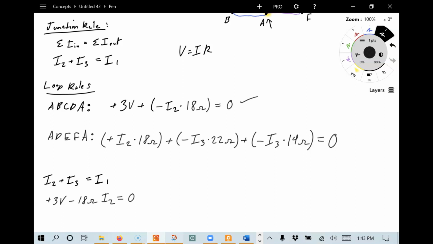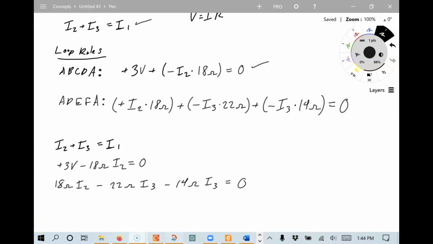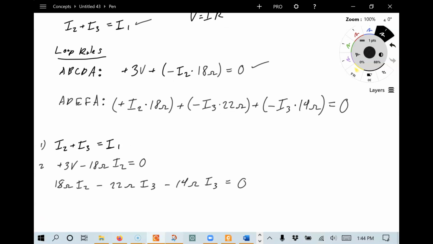That's this one. Got that one already. And the last one, let me just clean it up real quick. So we've got these 3. And we're trying to solve for the 3 values of I.